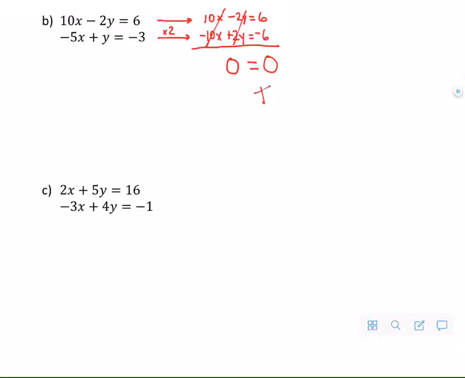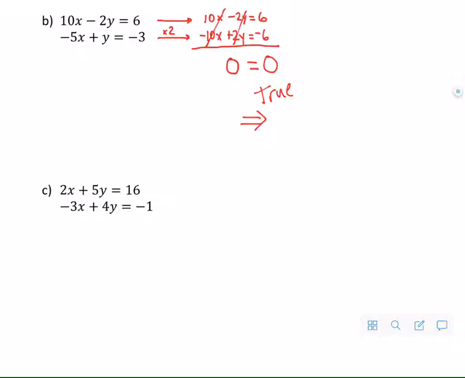And if it's true, what does true tell you? Oh, infinite answers. Infinitely many solutions.